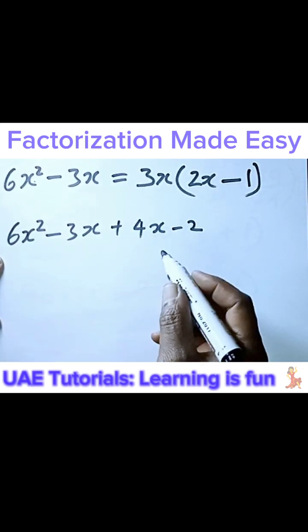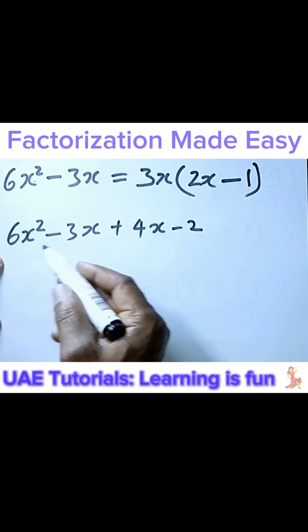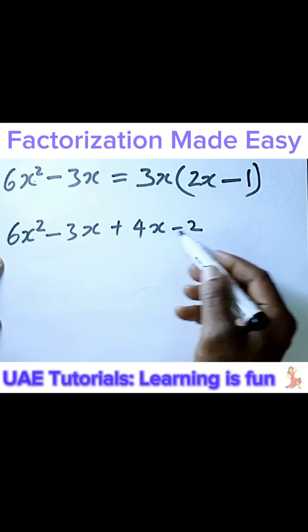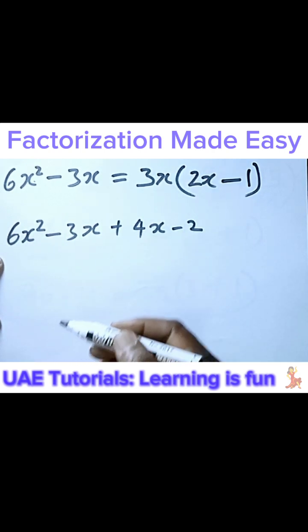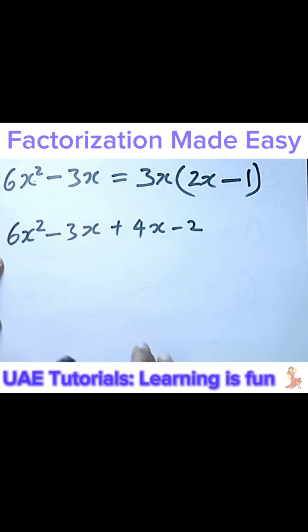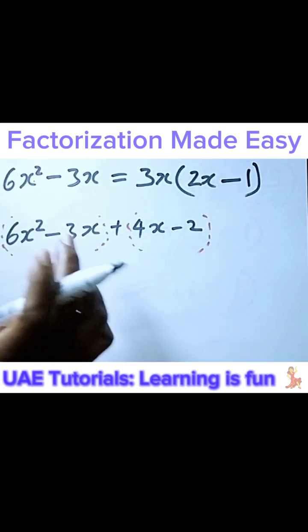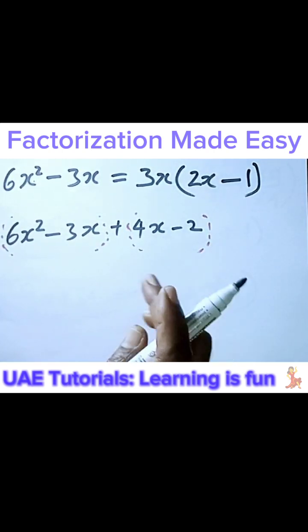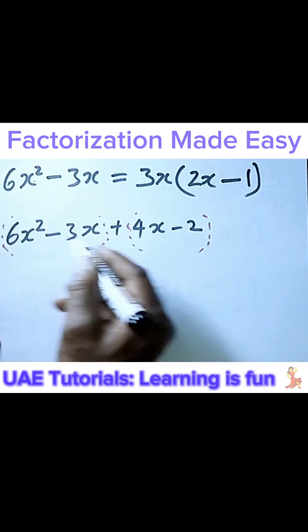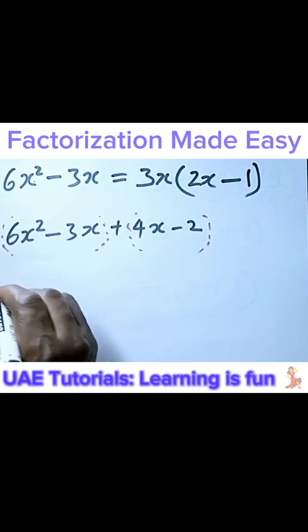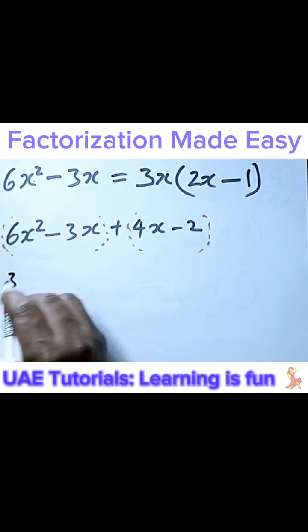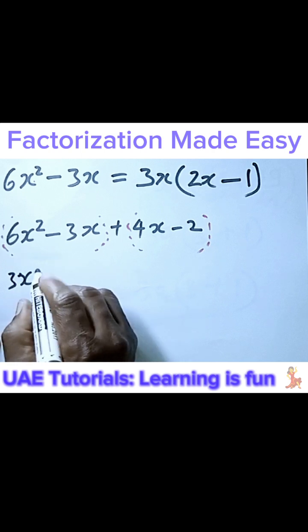Let's look at this expression. I have 6x squared minus 3x plus 4x minus 2. What I can do is to group them into two different expressions. Sometimes I may need to rearrange, but in this case, they have been arranged for me in the expression. So between 6x squared minus 3x, what is common there is 3x.